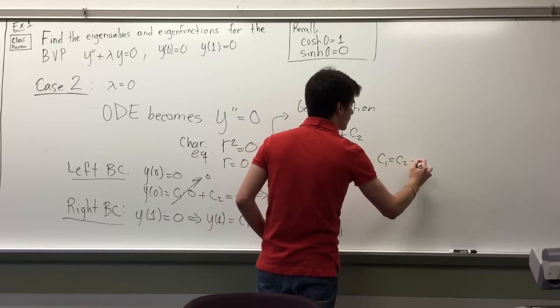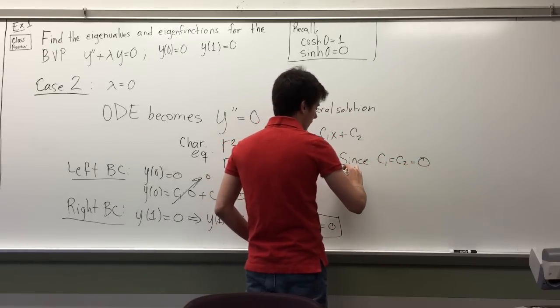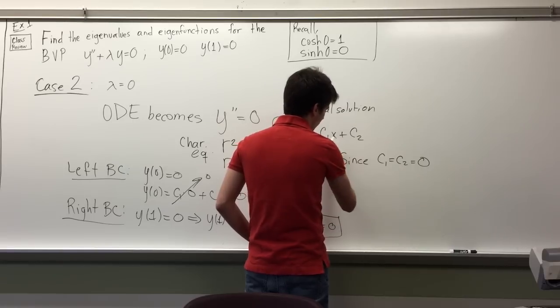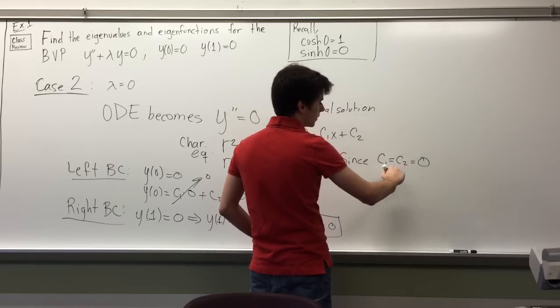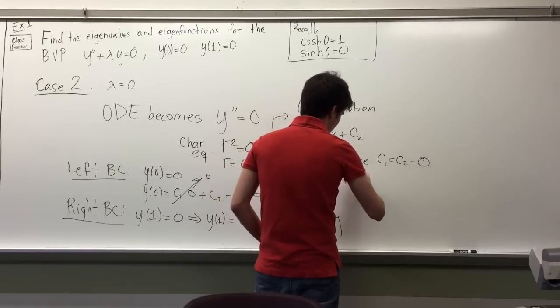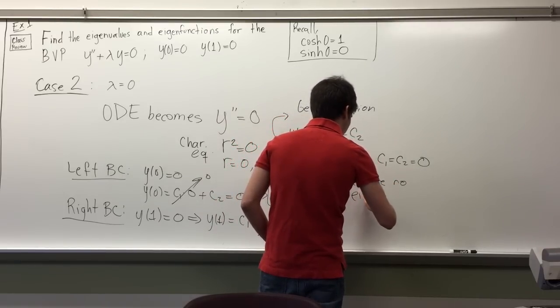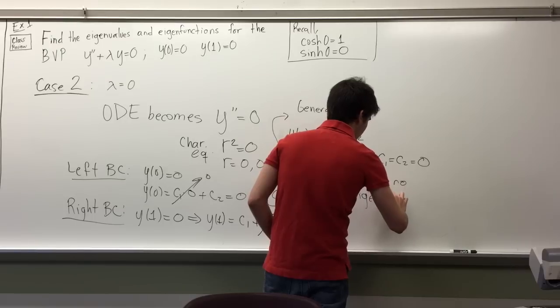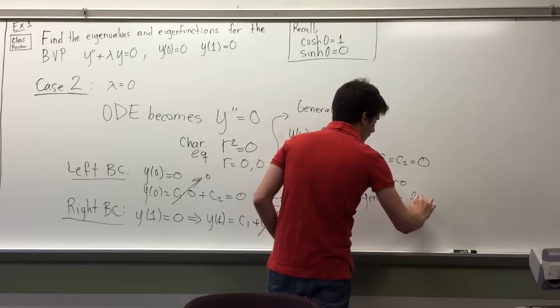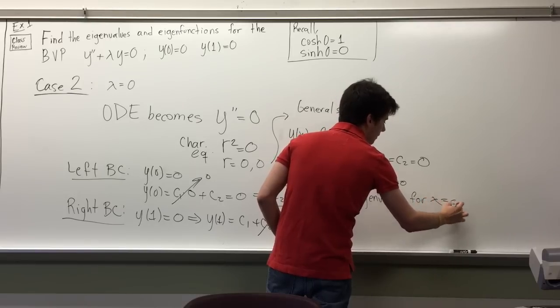Since c1 is equal to c2 is equal to 0, there are no eigenvalues for lambda equal to 0.